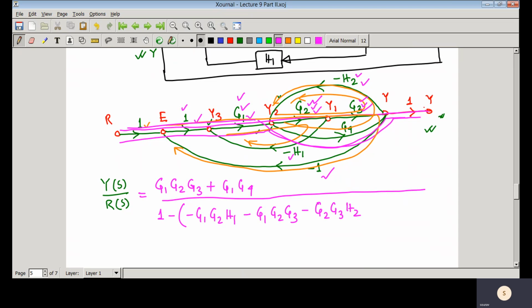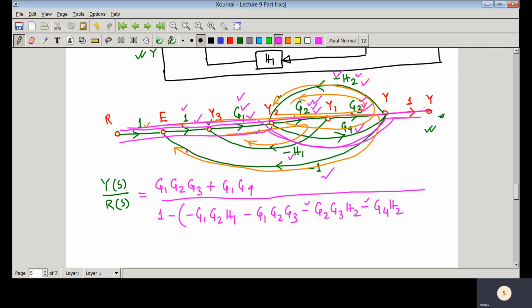The minus I have already written here. Another one is G4 into H2. This loop is G4 into minus H2, so that is minus G4 H2. And another one is G1 G4.